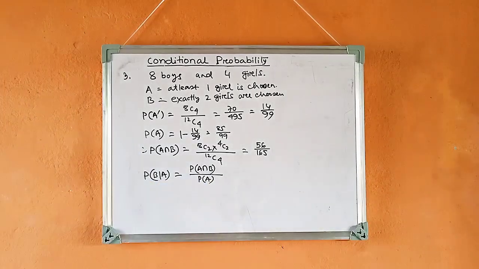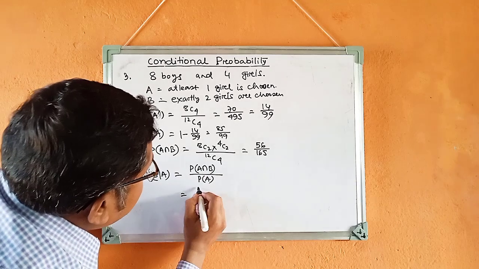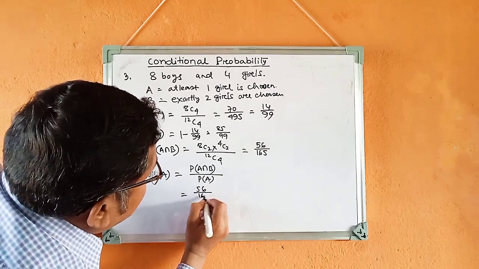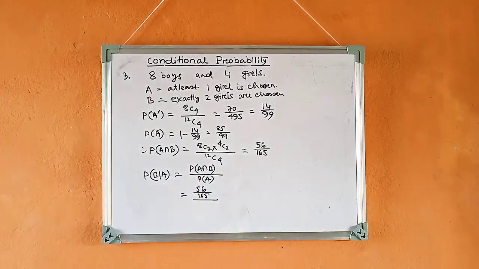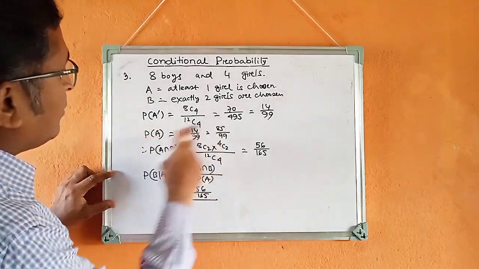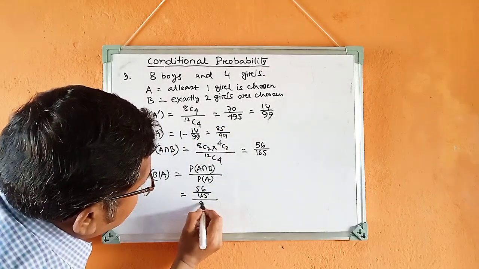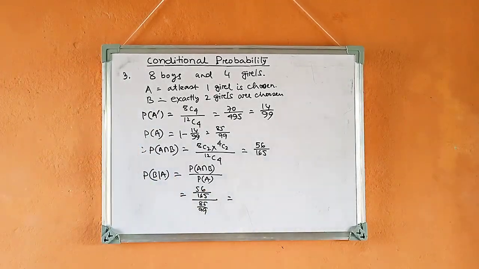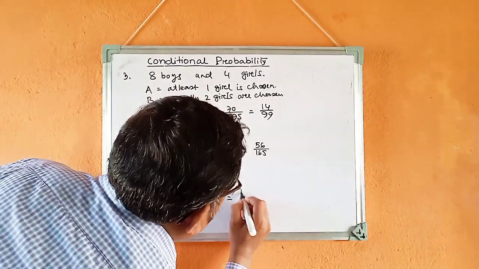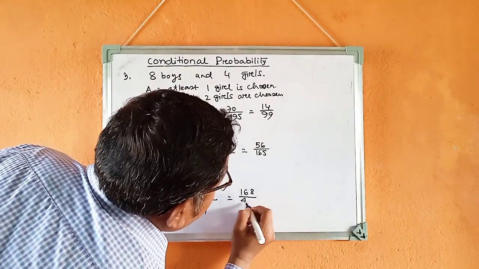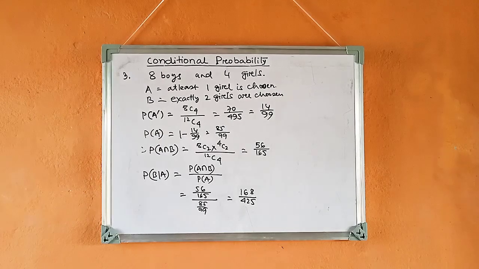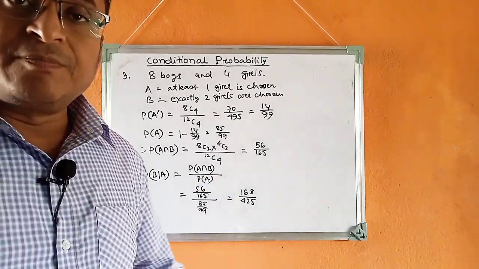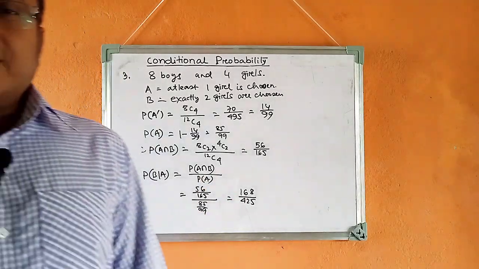Putting in the values, 56 divided by 165, whole divided by P(A), which is 85 divided by 99. After calculation and reduction we get 168 divided by 425. That is the answer. Hope all of you are clear. Thank you, students.